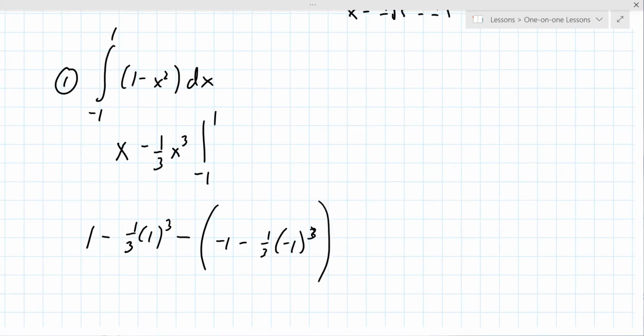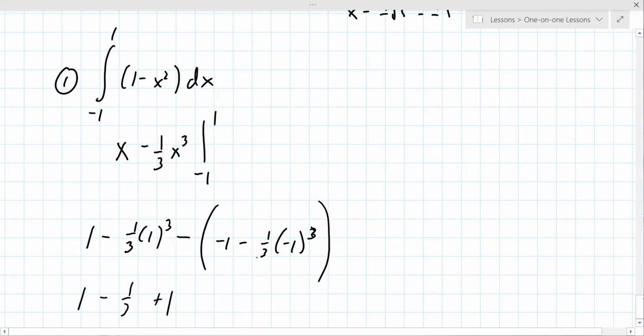Okay. I got 0 on the calculator. Shouldn't be 0. All right. So this is 1 minus 1/3.